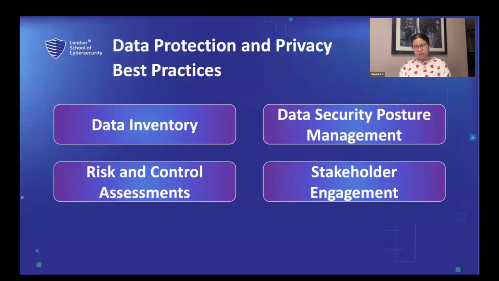Now, when we talk about aligning all the different things we do, we also talked about data protection being a mix of people, process, and technology kind of control. We need to make sure who is doing what. So stakeholder engagement is going to be super important as a best practice because we'll have data ownership, we will have IT people or cybersecurity people running some of the technology controls.